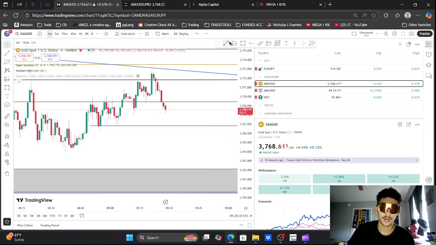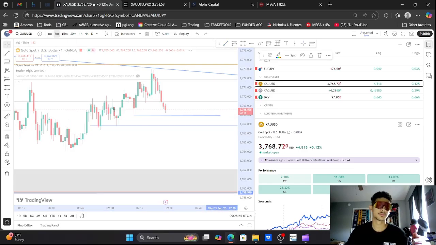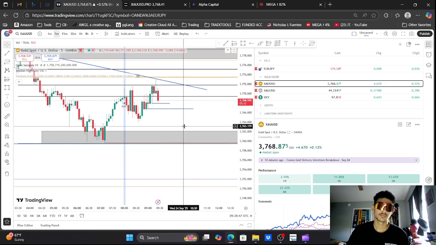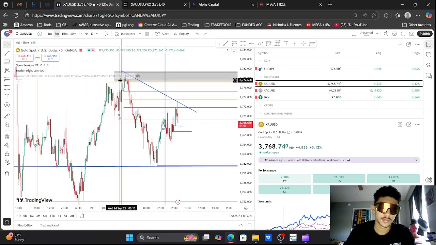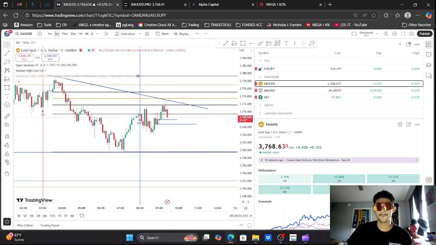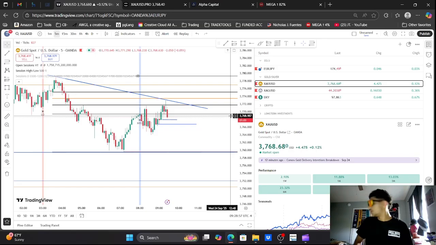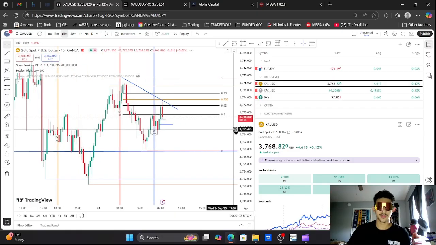On the 1 minute, we already broke structure. Let's see if we can break a second. Then what we're going to do is we're going to be looking for longs on gold and silver. That's what's going to happen here, people.